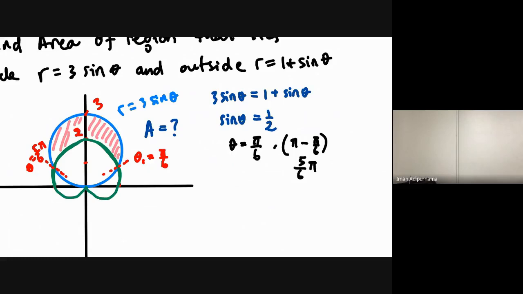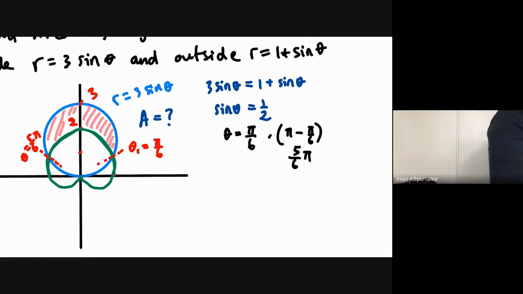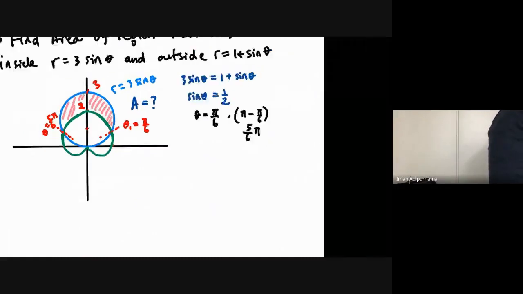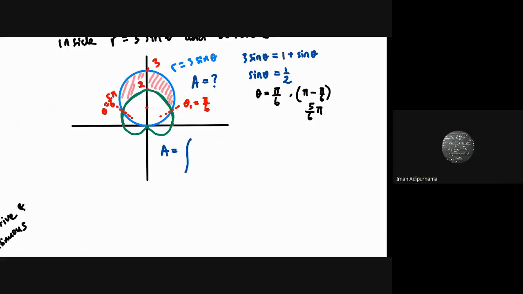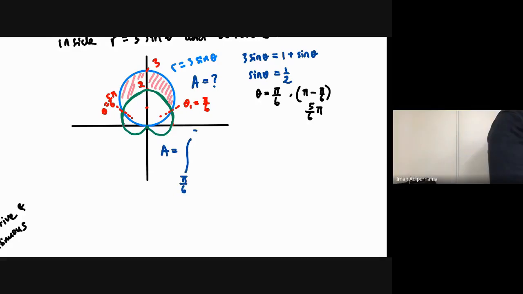Okay, get it? So the area, let me write here. So the area will be this is the circle.